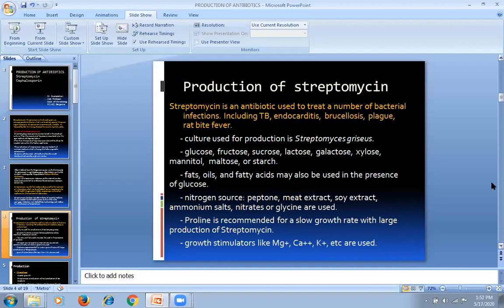Proline is recommended for slow growth rate with large production of streptomycin. Just the growth of the organism is not sufficient; along with growth, major production or yield is very, very important. So growth stimulators like magnesium, calcium, and potassium can also be used.